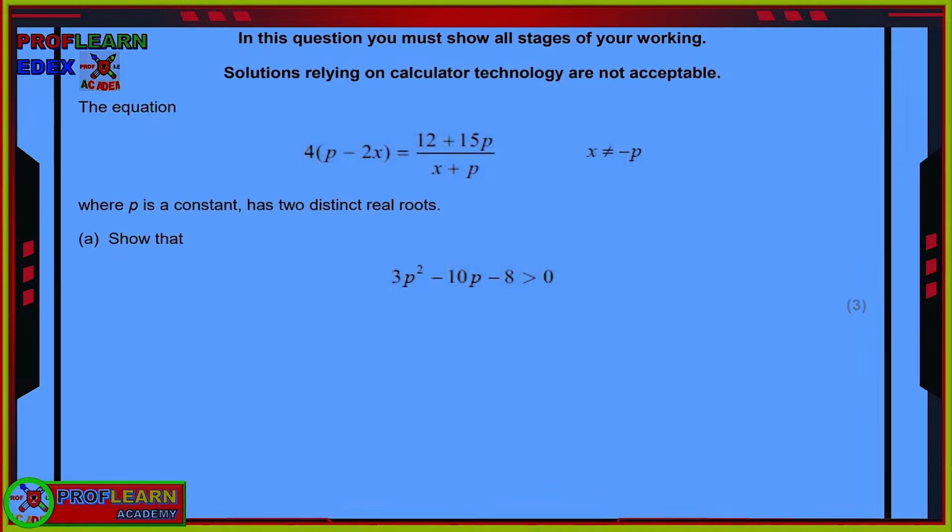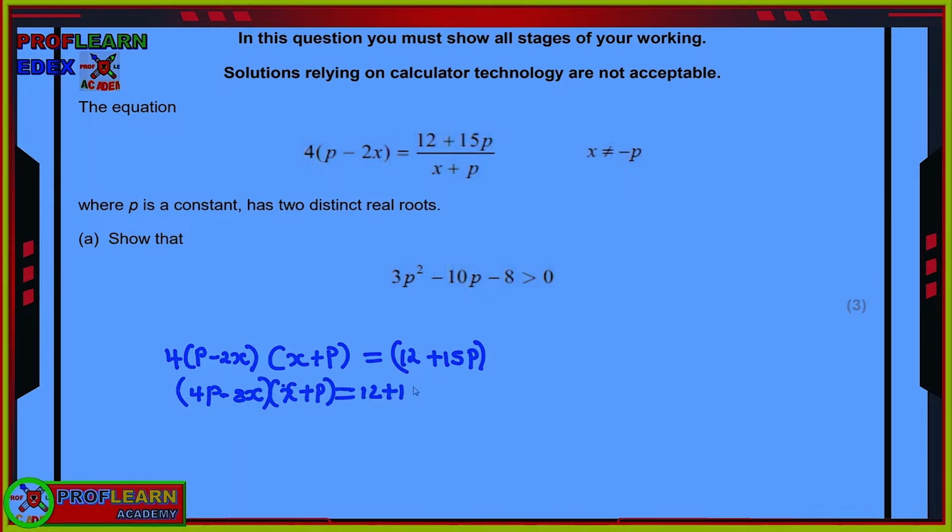So we're going to multiply both sides here. Once we have multiplied, we shall expand and put the like terms together. And you need to remember that p is a constant. So we are going to have a quadratic.